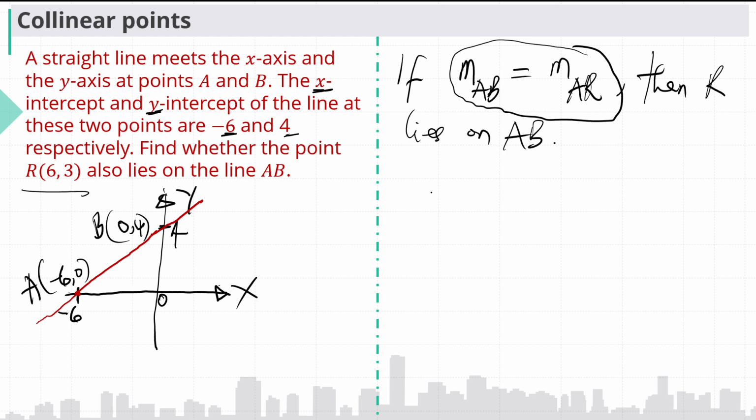For left hand side, y2 is 4 minus y1 0 divided by x2 0 minus x1 minus 6. Now using the 2 points A and R, y2 3 minus y1 0 divided by x2 6 minus x1 minus 6.